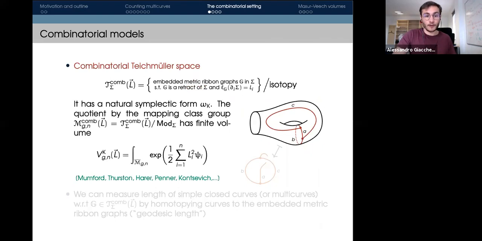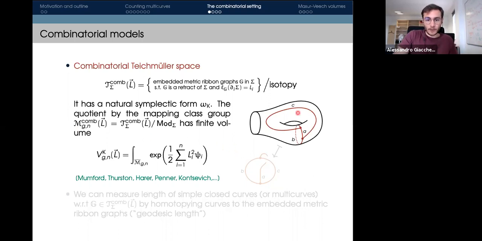So the point is that this space comes with a natural symplectic form that is called the Kontsevich symplectic form, and its quotient by the mapping class group is called the combinatorial moduli space, which has a finite volume, and it's given by just psi class intersection numbers. So this was well studied by Mumford, Thurston, Harer, Penner, many other people, and it was also used by Kontsevich in his proof of Witten's conjecture.